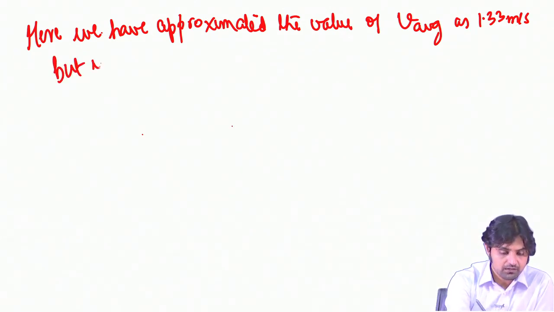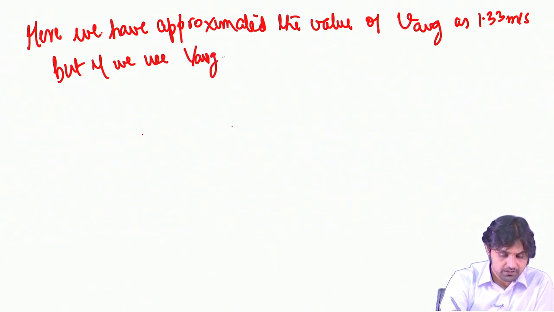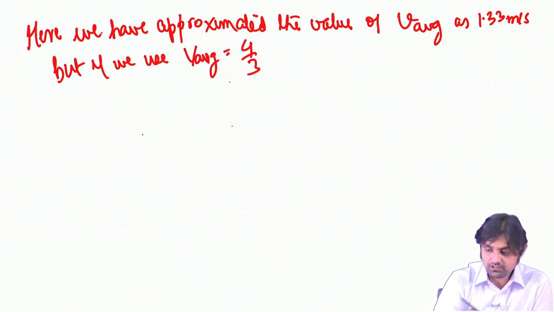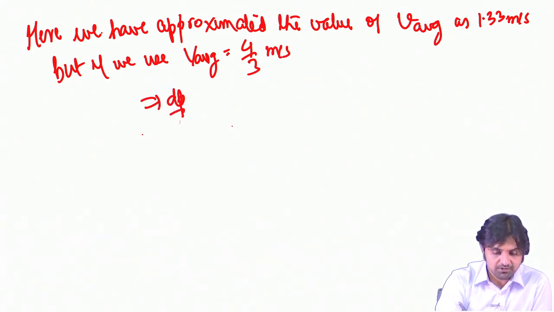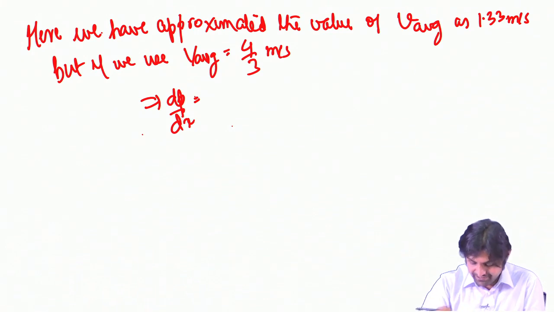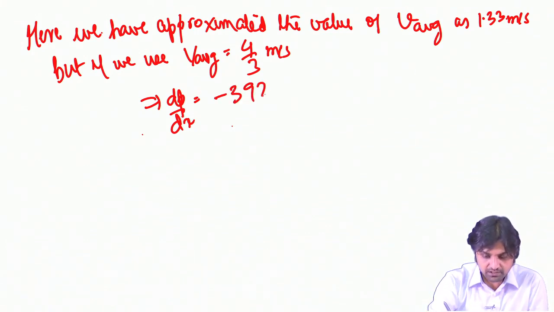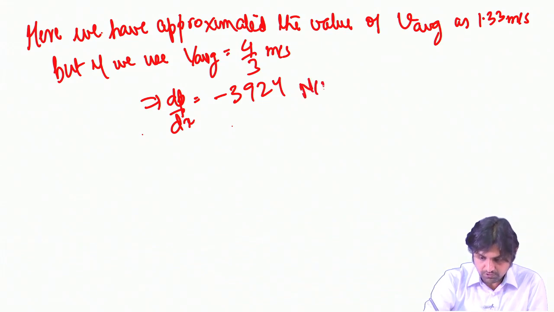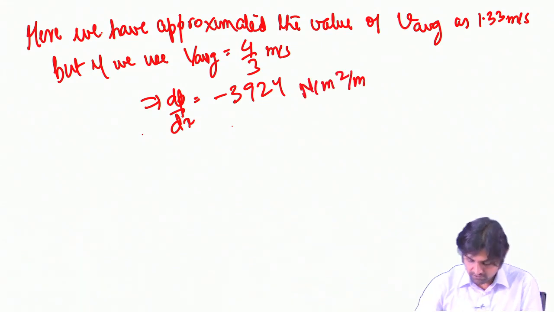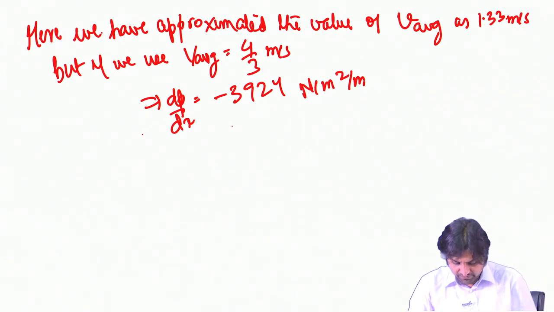But if we use V average equal to 4 by 3, which is 1.33 meters per second, we get, I am just trying to show there will be a slight difference, of course not that much, but it will be minus 3924 Newton per meter square per meter. Almost no difference.